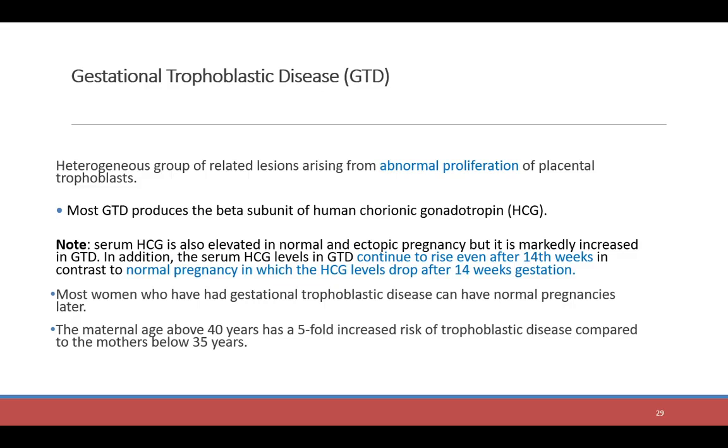Most women who have gestational trophoblastic disease can have a normal pregnancy later. Remember, maternal age of about 40 years is a clear-cut risk factor for gestational trophoblastic diseases.